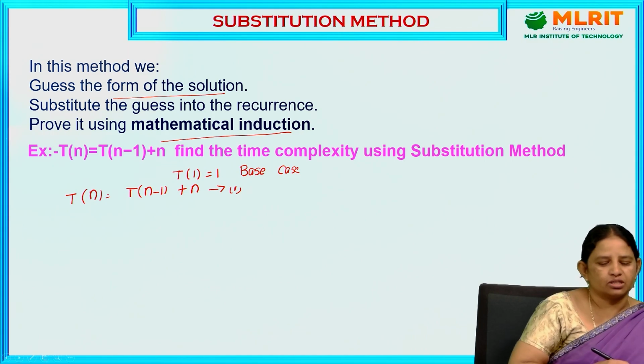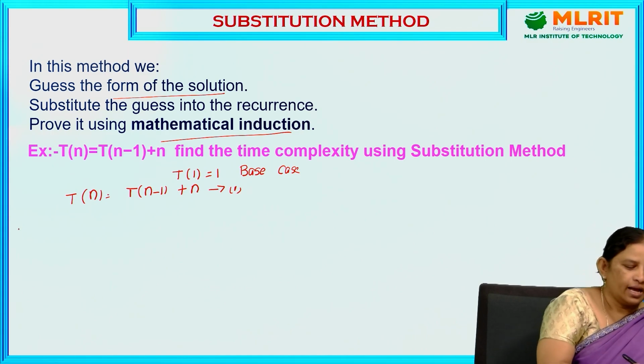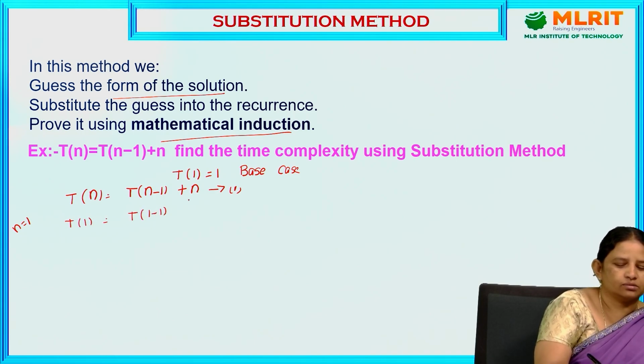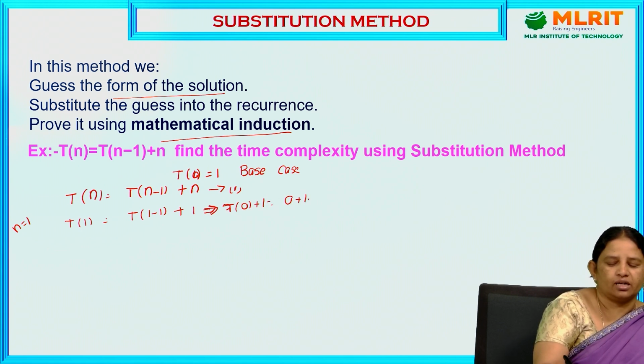We start from n equal to 1: T of 1 equal to T of 1 minus 1, that is T of 0, plus 1, which simplifies as T of 0 plus 1, that is 0 plus 1 equal to 1.